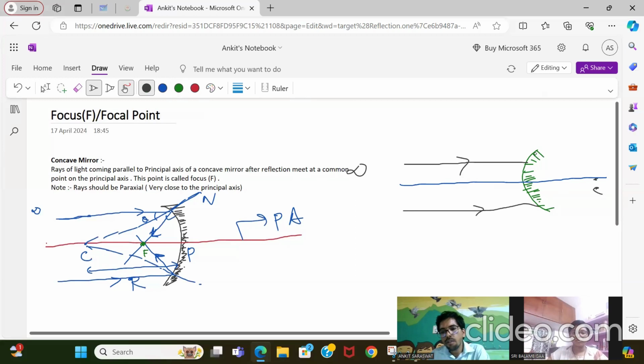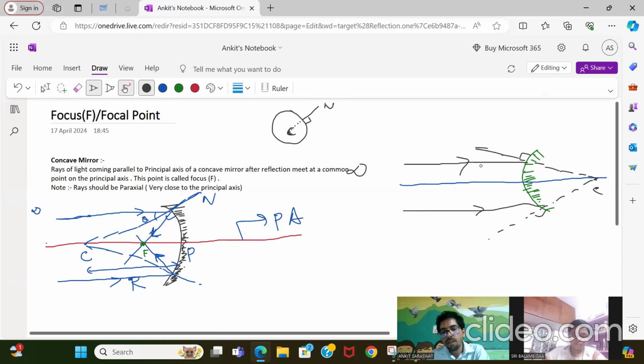Now where is the center of curvature? Here. Now I need to draw one normal. How will I draw the normal? Like this. This is the normal. Similarly, I will draw the normal here. This normal must pass through the center of curvature. If you have any sphere and you draw a normal on its surface, it will always pass through the center of curvature.